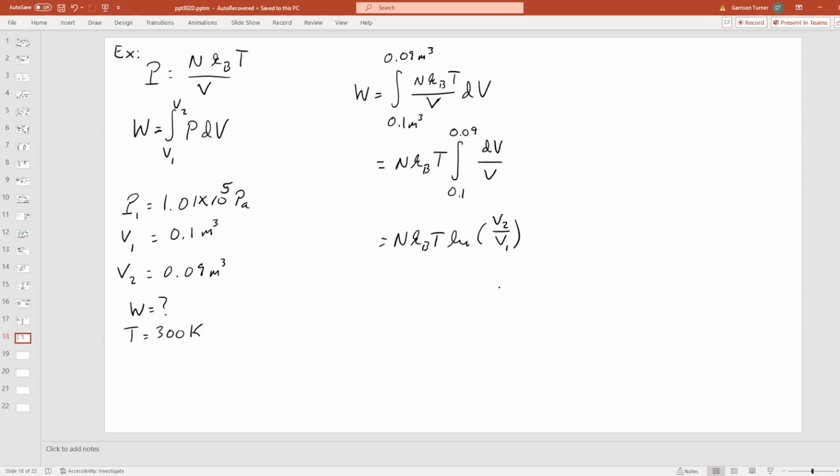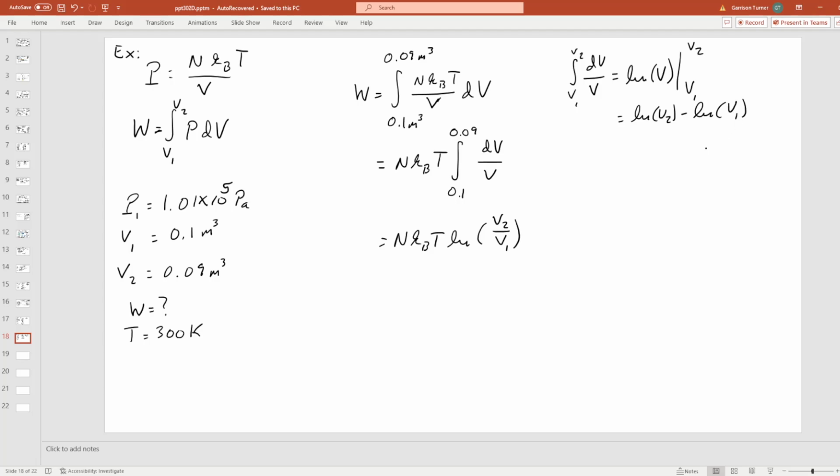And the reason it turns into this, if I do this integral from, let's just say, V1 to V2 dV over V, this is the natural log of V from V1 to V2, and that becomes ln V2 minus ln V1.